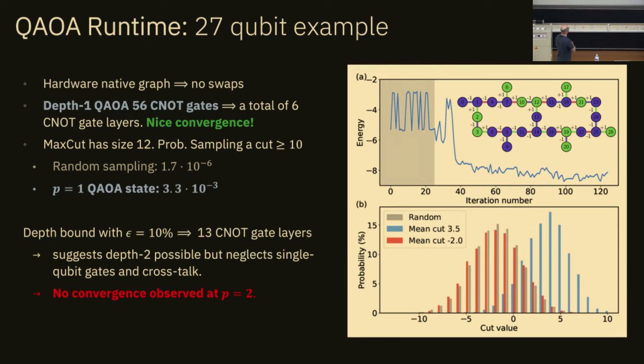And if we now apply this fidelity bound, if we again want a 10% accurate sampling, then 13 CNOT layers should have been feasible as well. And here we have 6, and at depth 2 we would have 12. So 12 is just below this bound, but this bound, this fidelity criterion, is a little bit an optimistic bound because it does not consider all types of error sources.